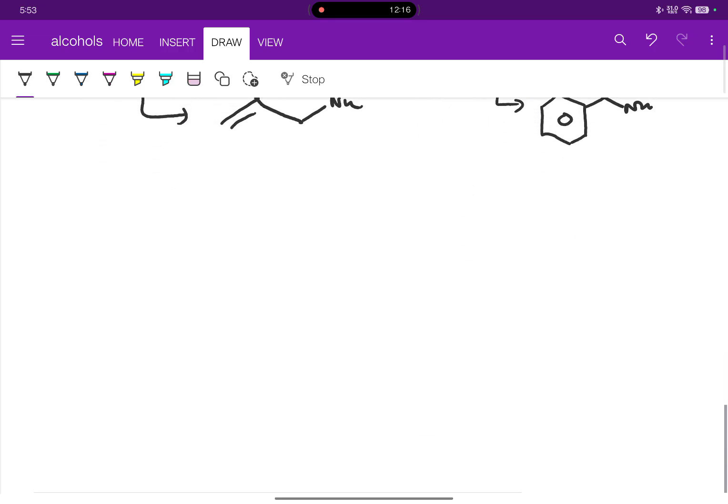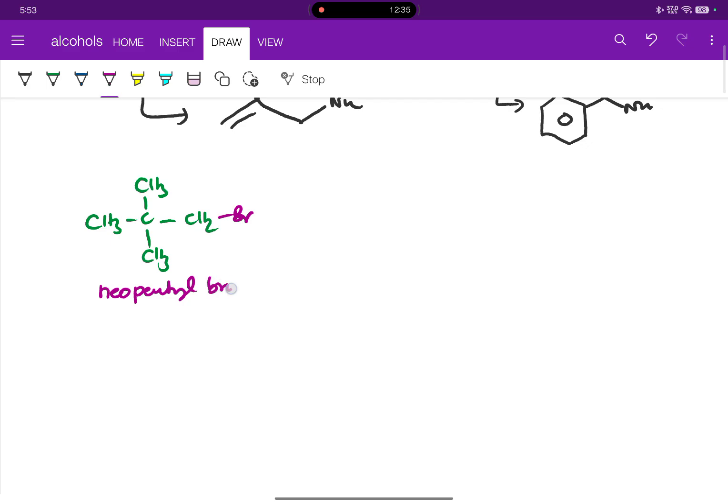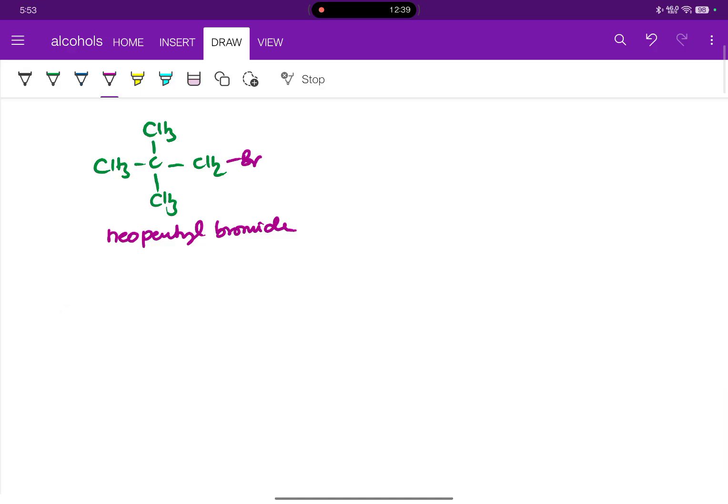Now we can also see some more substrates. For example, have you heard about this example? Neopentyl bromide. What is the IUPAC name of this compound? 1-bromo-2,2-dimethylpropane.